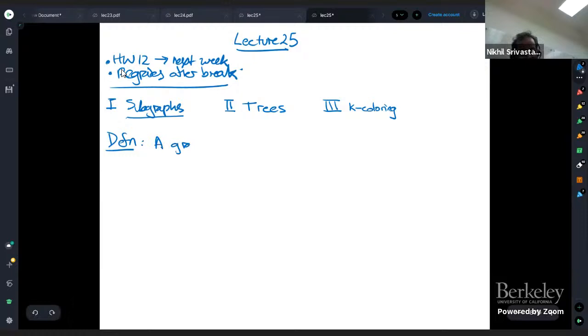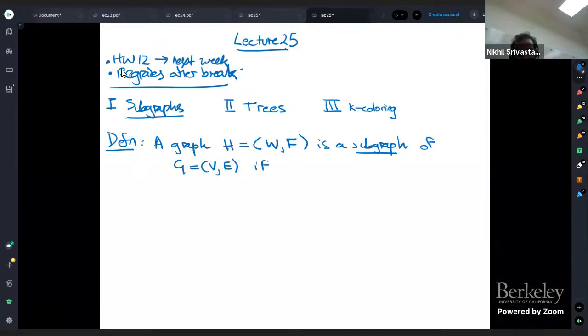So a graph H, let's say with vertex set W and edge set F, is a subgraph of a graph G with vertex set V and edge set E if the natural thing is true. If the vertex set of H is a subset of the vertex set of G, and if the edge set of H is a subset of the edge set of G. So it's not a surprising definition.